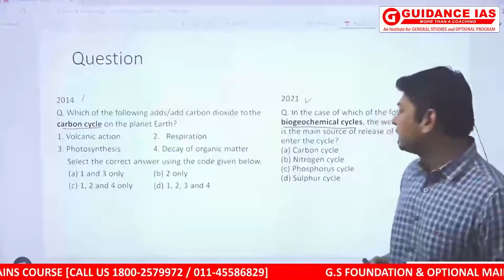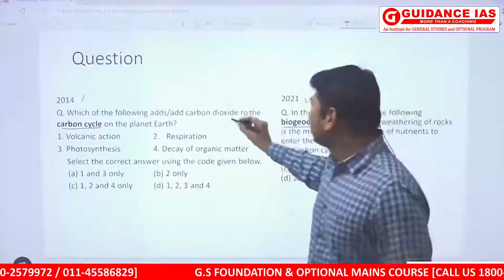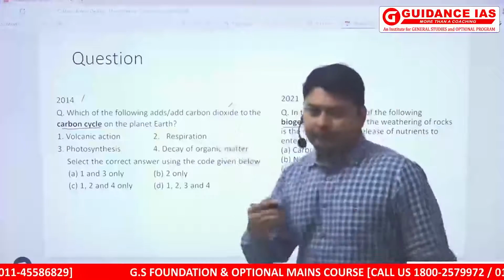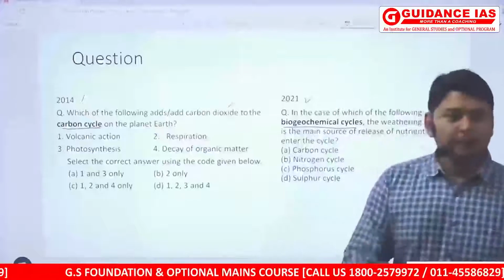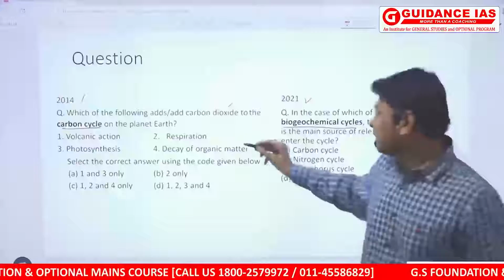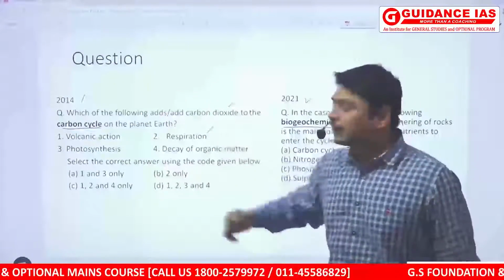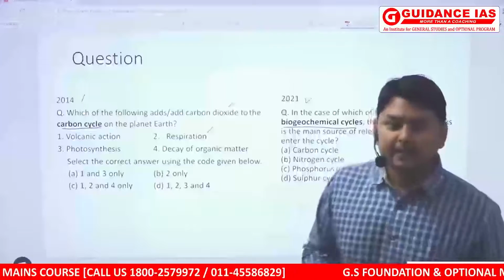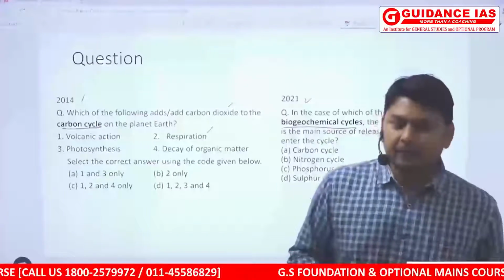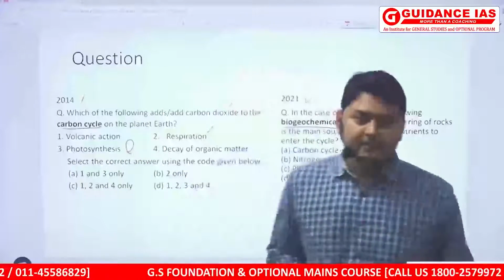In this option, for example, do we produce carbon dioxide? Yes, we produce carbon dioxide through respiration. So this option is cleared. In photosynthesis, is carbon dioxide produced? What is the process of photosynthesis?